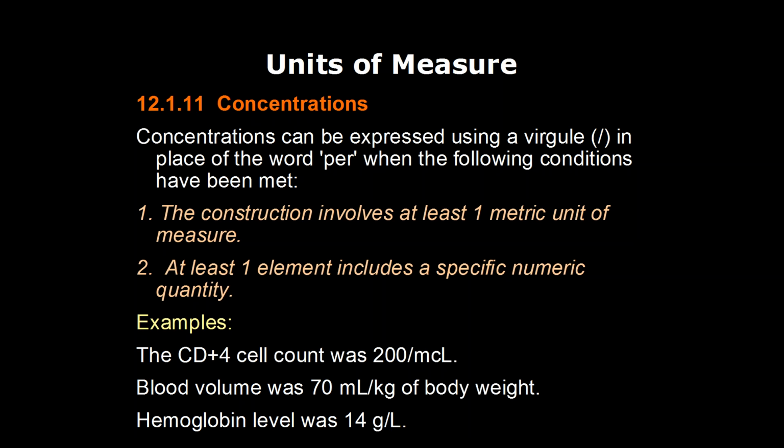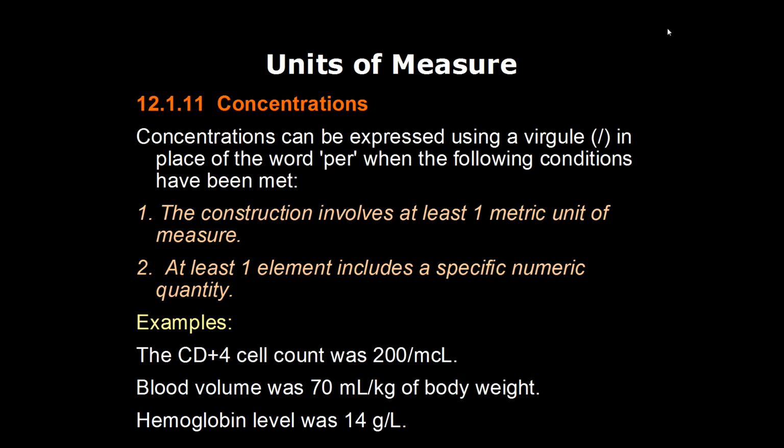Okay, and again, that's in 12.1.11. Lisa is saying, but only if the metric unit per, well, per isn't a metric unit. So metric unit per is at its lowest form, right? You couldn't put 70 grams per 2 liters.